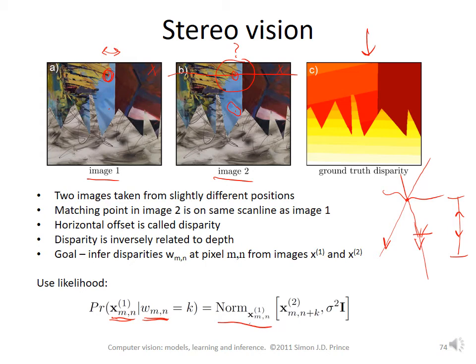This normal distribution on X at m, n is going to look at the appearance of that patch in the other image, shifted, and we're going to have some fixed noise model that says, okay, objects that should look the same from camera 1 to camera 2, subject to some variations. And in fact, that can be quite complicated because shiny objects will change appearance drastically when you look at them from two different angles. But for many stereo applications, most researchers will frequently just assume that the object's appearance stays constant. So it's the constant appearance assumption.